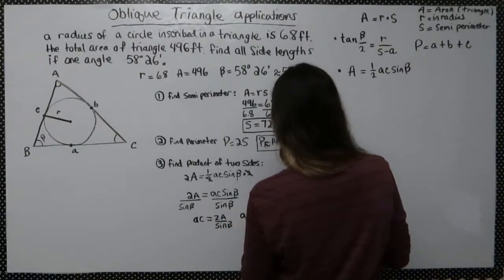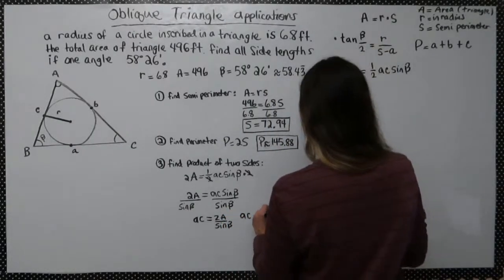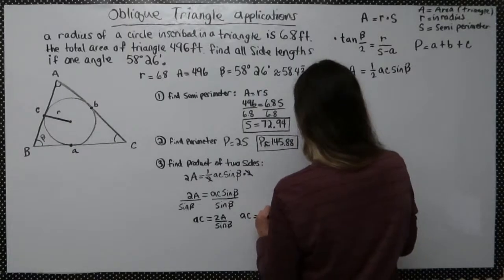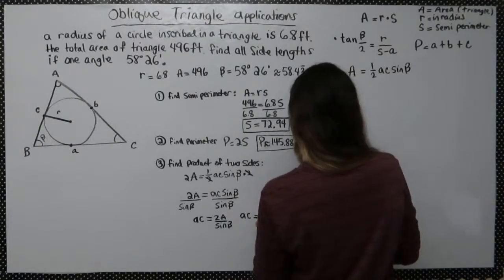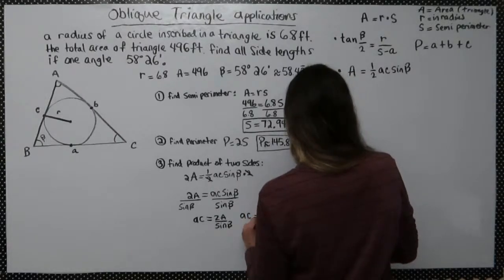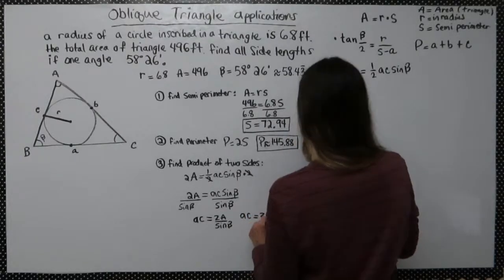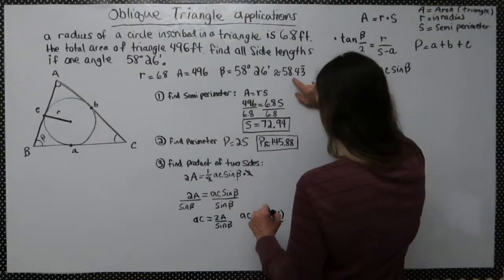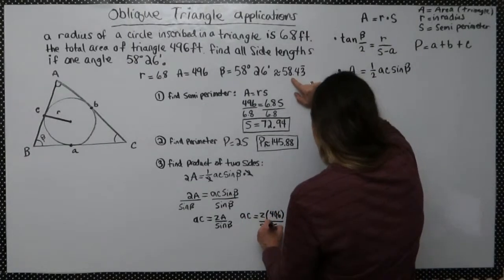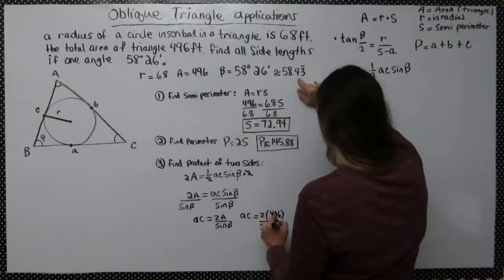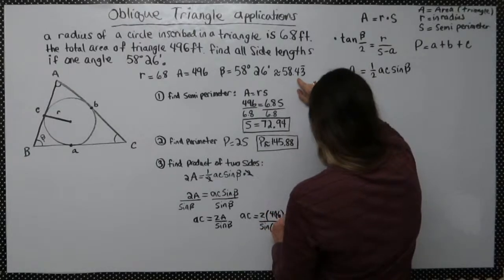So we're going to say AC equals 2 times 496 divided by the sine of, and we can go ahead and use the rounded 58.43.